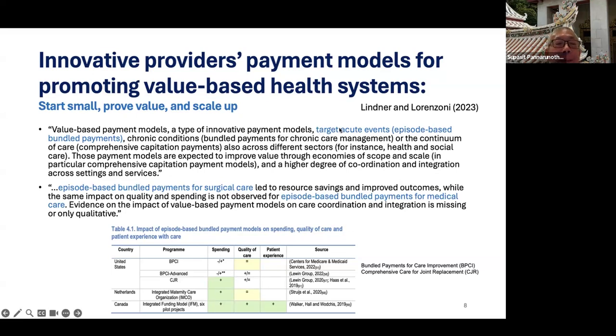So value-based payment model which targets acute events. Acute events, I highlight this term, the episode-based bundle payment, since the earlier 2 slides talk rather separately about the outpatient ambulatory care and separately about the inpatient care.